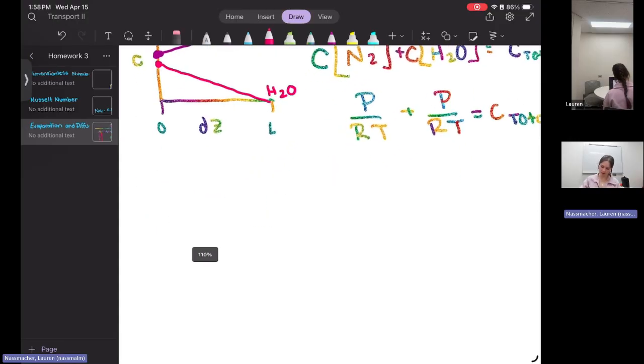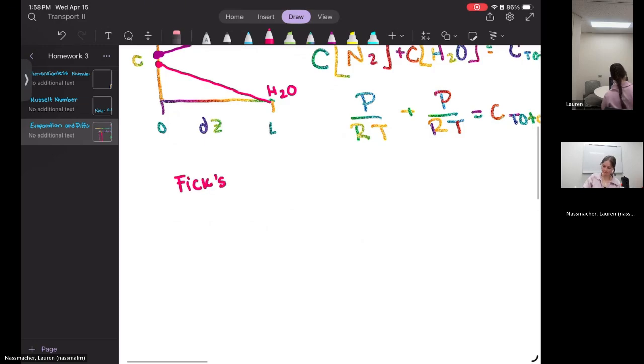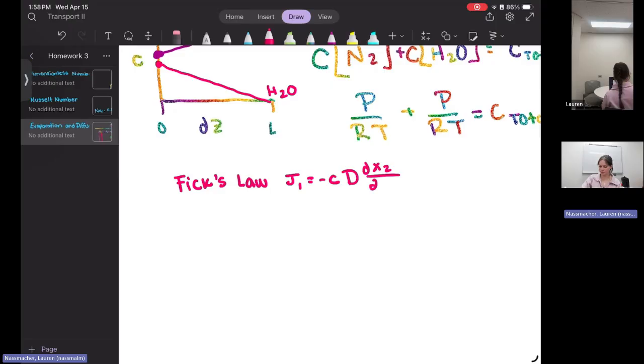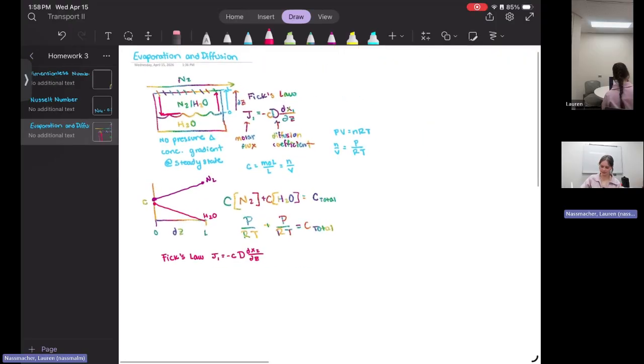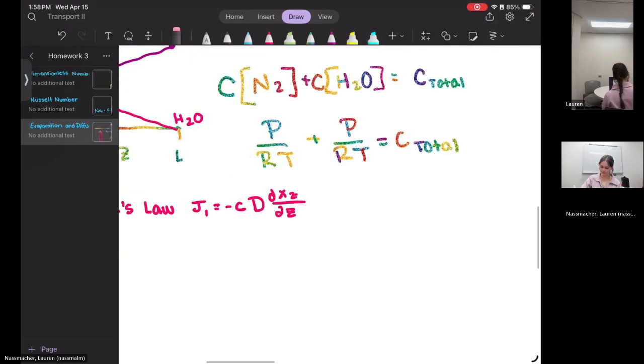We have Fick's law, and Fick's law is our molar flux is equivalent to negative concentration multiplied by our diffusion coefficient multiplied by the concentration gradient. That's not a 2, that's a 1.